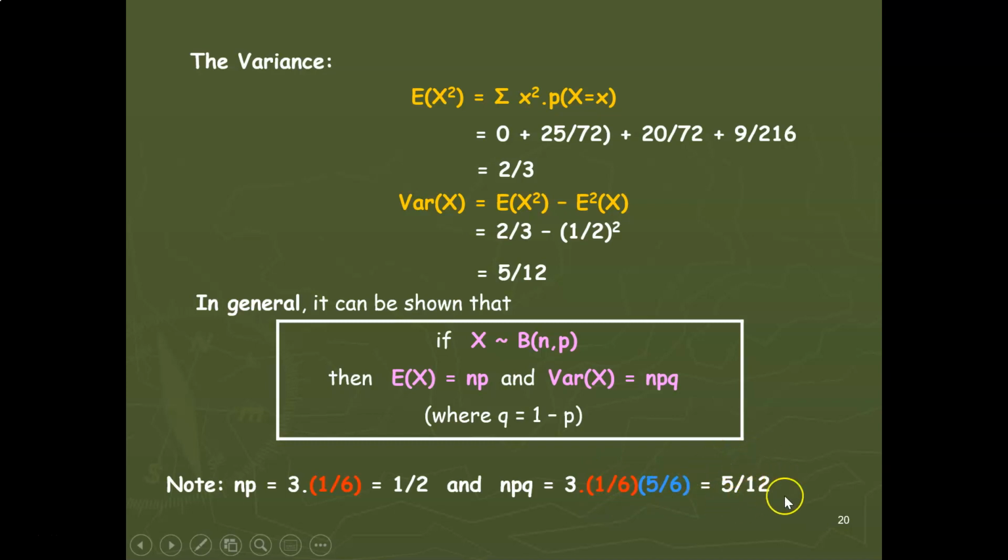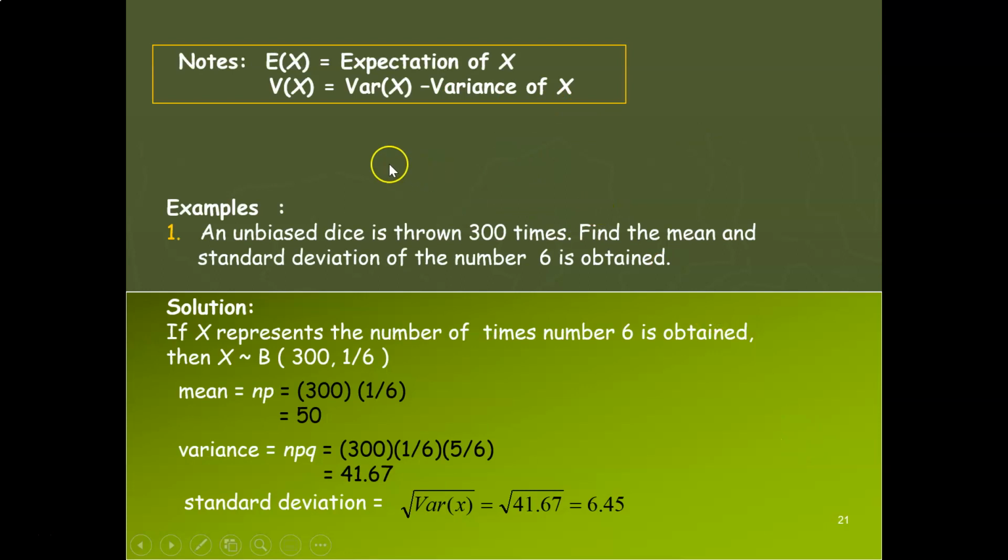This 5 over 12 is the same as the earlier result, so that's why I said both ways are correct. Either use this formula or this formula. Both are correct. So note that E(X) is the expectation of X, and V(X) is the variance of X.